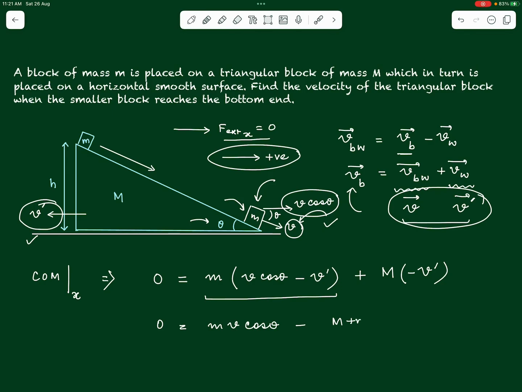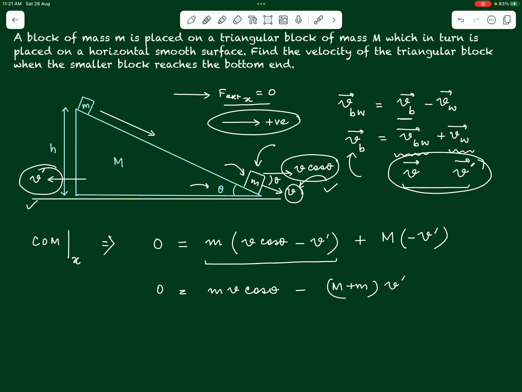minus (m plus M) into v dash, which will essentially give us v is equal to, let us get the value of v in terms of v dash, because ultimately we are supposed to find the value of v dash. In the question we are asked to find out v dash. So, let us get v in terms of v dash so that we can use it in the second equation.